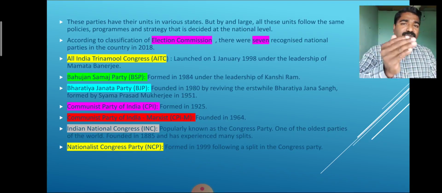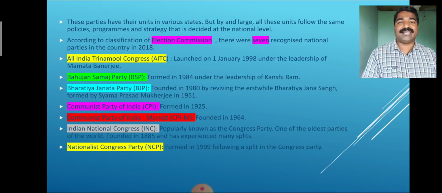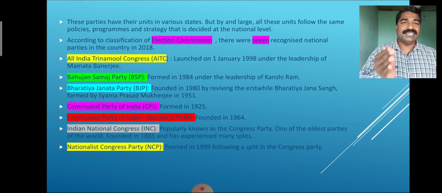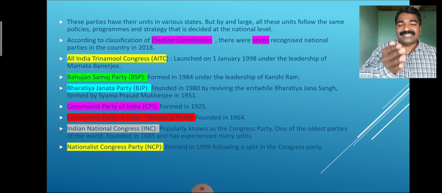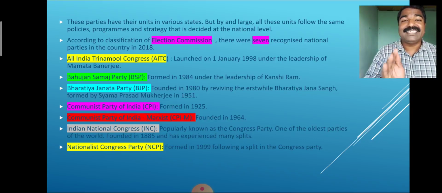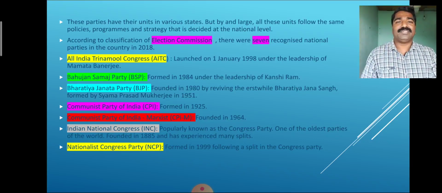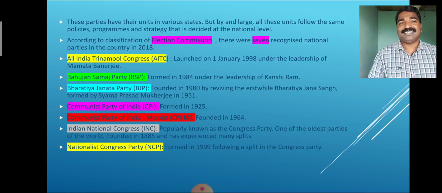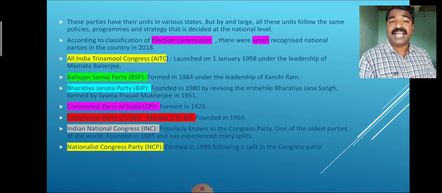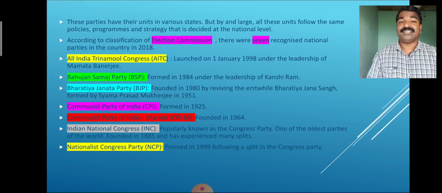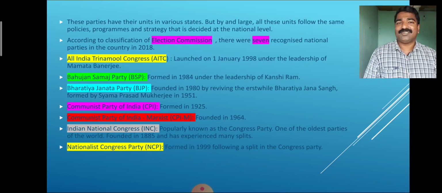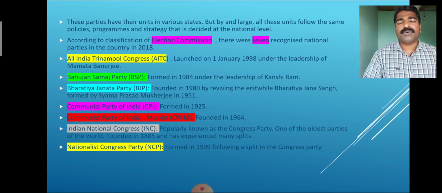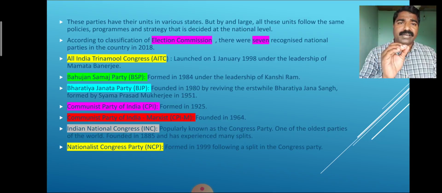Even though different state units are there, all of them have to follow the policies and strategies decided at the national level. According to the classification of the Election Commission, there were 7 recognized national parties in the country in 2018. You can read more about these parties in our textbook.